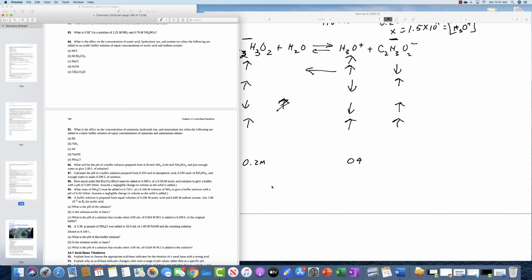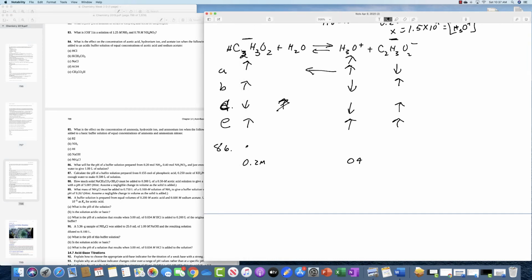Okay. So you can look at it this way, and say that it forms a base. Now it's also possible to look at it the other way, but in general we look at it this way.